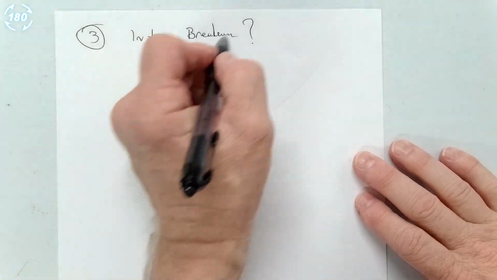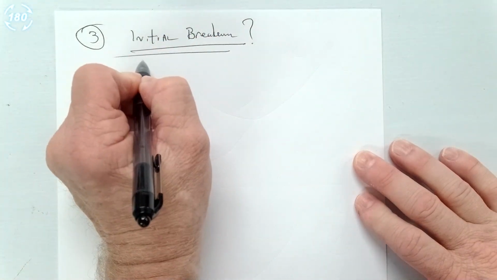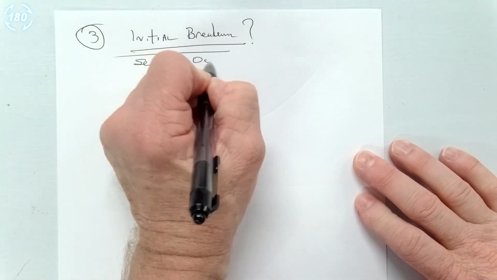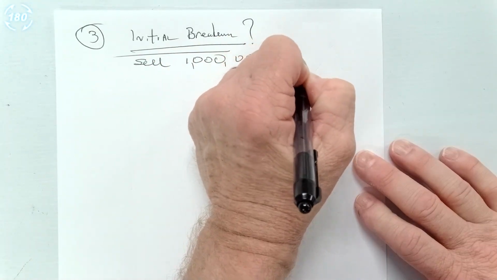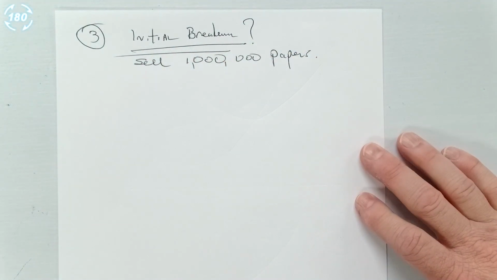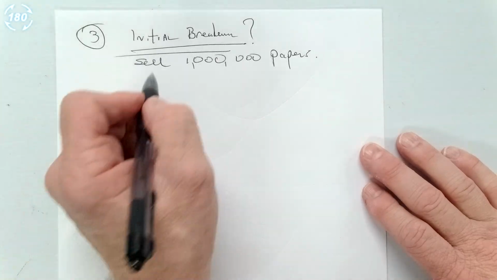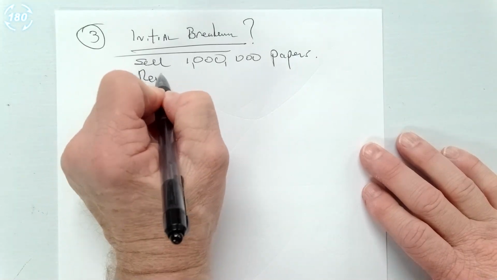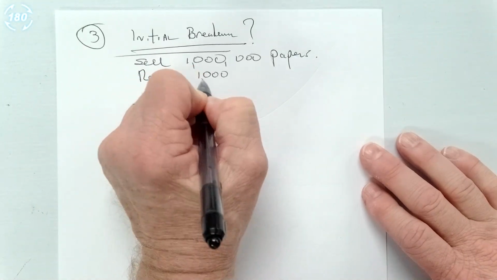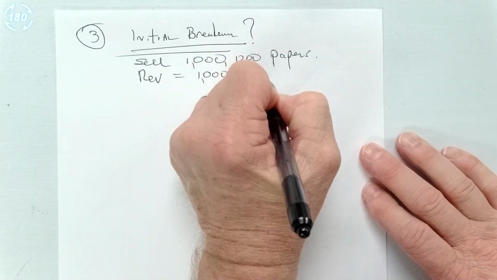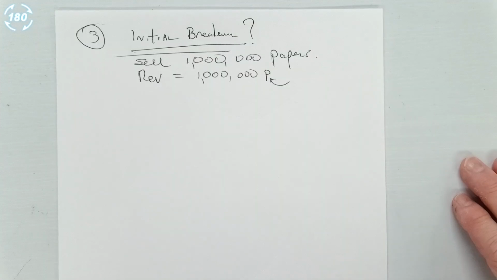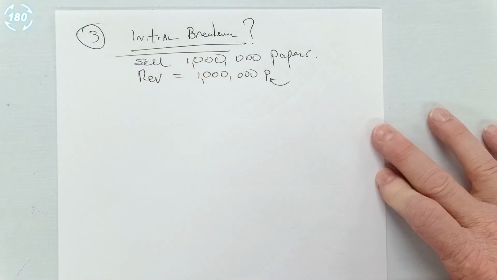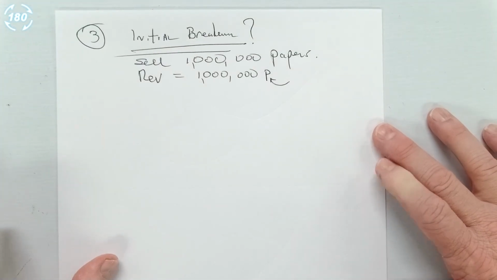When we say initially, you're going to sell 1 million papers. So we've got to find your revenue, because when you find the price, you'll find the revenue. The revenue is 1 million times the price. So I'm just going to write 1 million P, and it's really P we're looking for. We want to find the value of P that will create a revenue that will cover all of your costs.